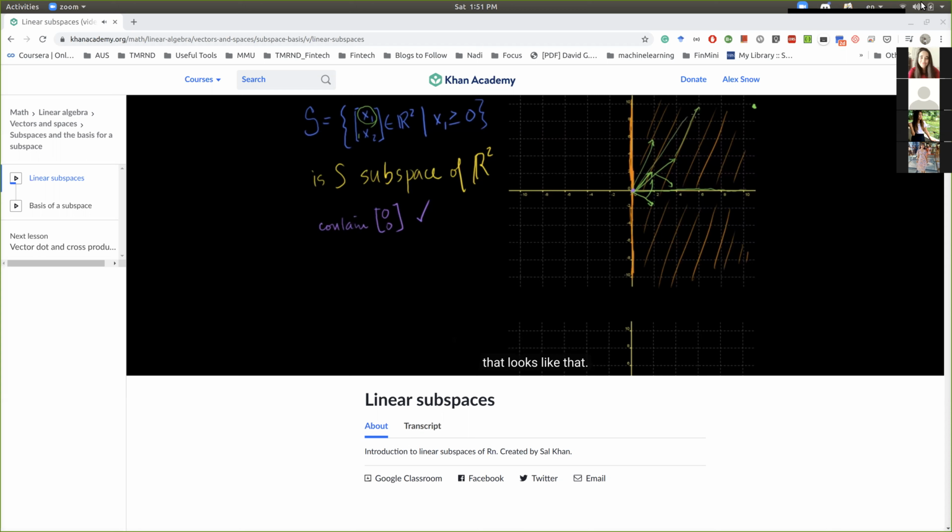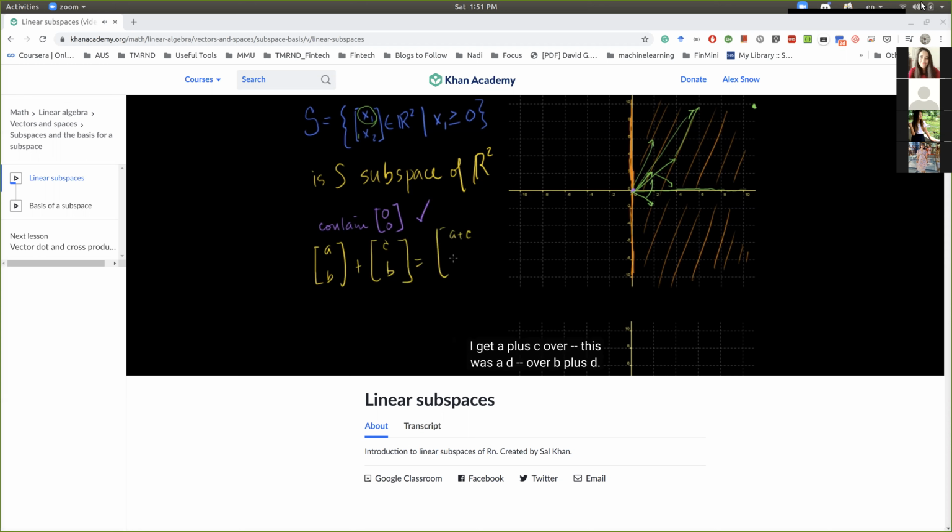And if I did it formally, let's say that I have two vectors that are members of our set. Let's say the first one is (A, B), and I add it to (C, D). What do I get? I get (A plus C, B plus D). So A is going to be greater than 0, and C is also going to be greater than 0.